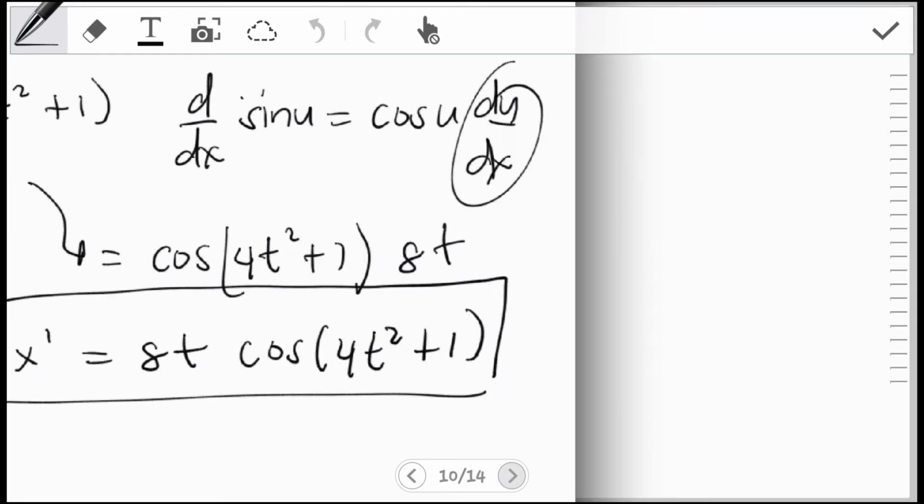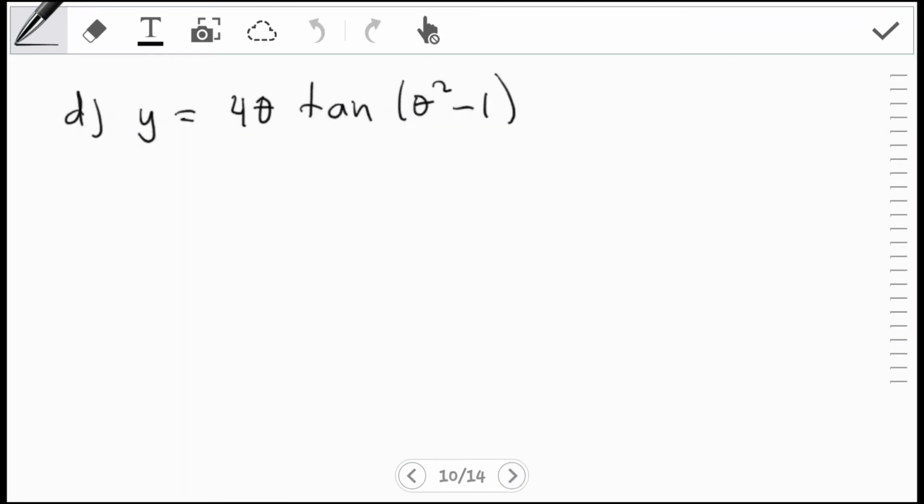The next of y is equals to 4 theta tan quantity of theta squared minus 1. Okay? So, let u is equals to 4 theta, where du is equals to 4 d theta. Okay?